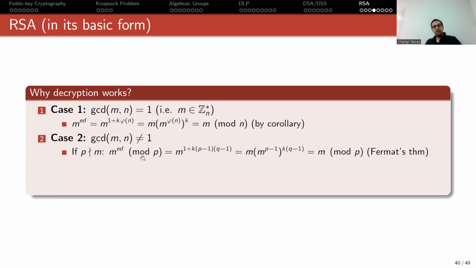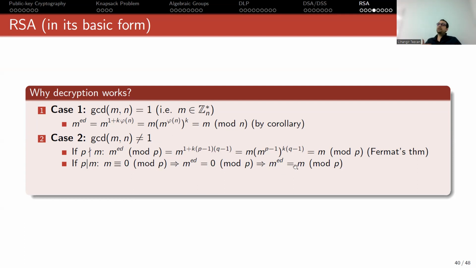Then m to the ed modulo p is, by Fermat's theorem, m modulo p. Now I'm working modulo p, not n. That is the difference, okay? But if p divides m, then m has to be 0 modulo p. Again, m to the ed should be 0, so m to the ed equals m modulo p because 0 equals 0 modulo p, right?